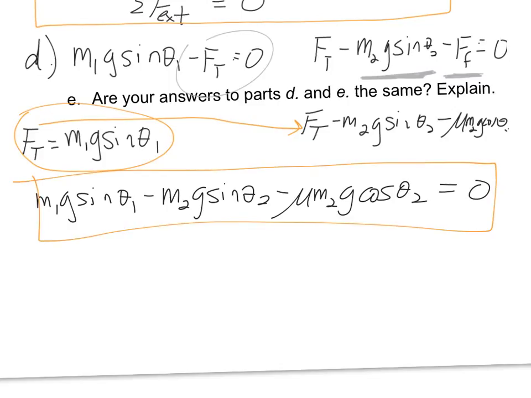Again, plugging in numbers which are given. M2 is 8, M1 is 12, and the thetas are given as well. You would be able to solve this for mu in each case.